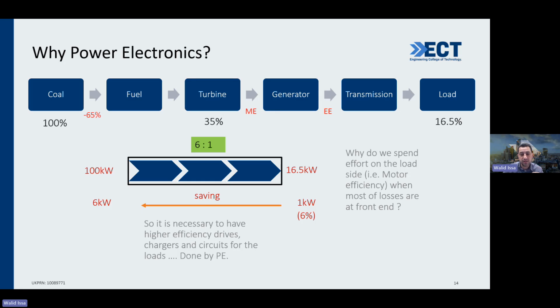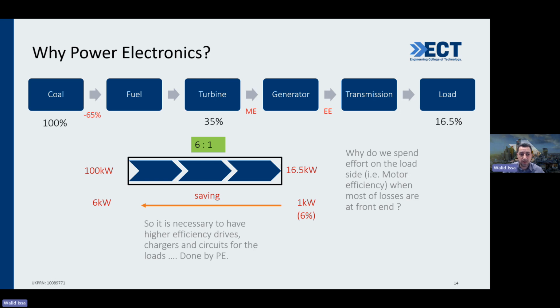But if you look at the story from the other side, why do we spend efforts on the load side? Why do governments now make scientists put a lot of effort into bringing more efficient converters, car chargers, battery chargers, more efficient laptop power supplies, UPSs?